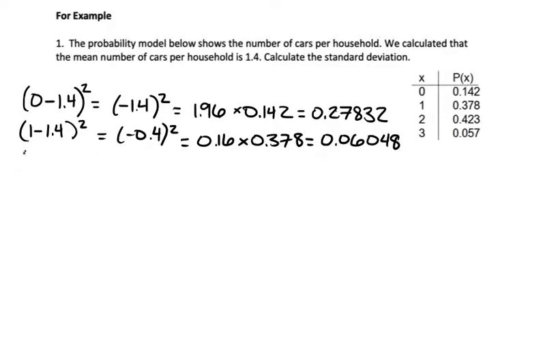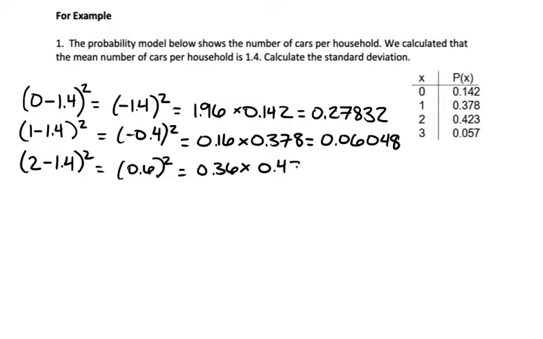My next data value is 2, so 2 minus 1.4 squared. And then multiply by the probability. And lastly, 3. 3 minus 1.4 squared.